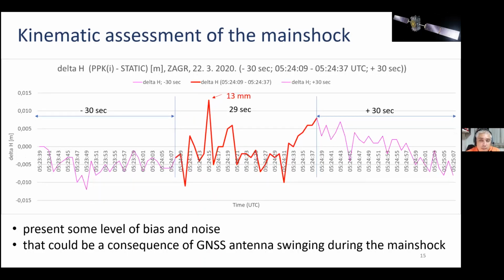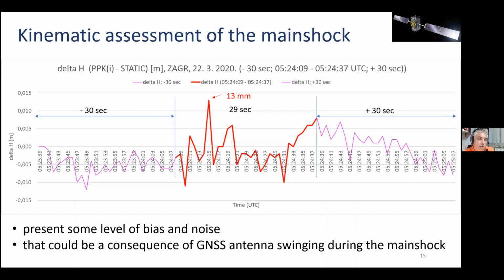If we examine the height for the same time frame, 30 seconds before and after the earthquake, we can see, of course, that there were some shaking, being maximum 13 millimeters from the reference position. But since generally the height solutions are much more noisy than the horizontal, we cannot claim that this 13 millimeters in the height are due to the earthquake.